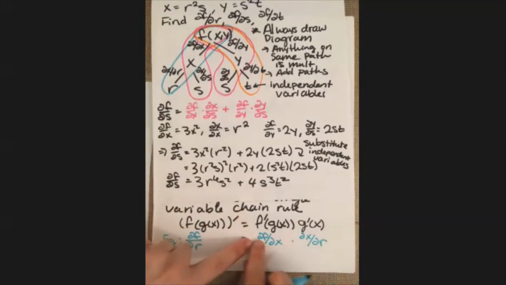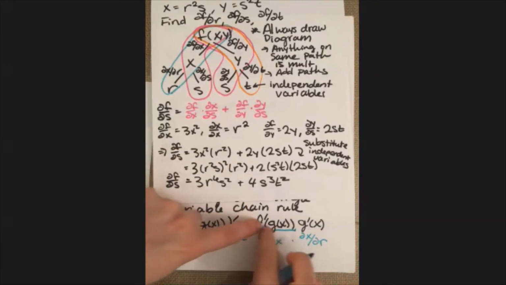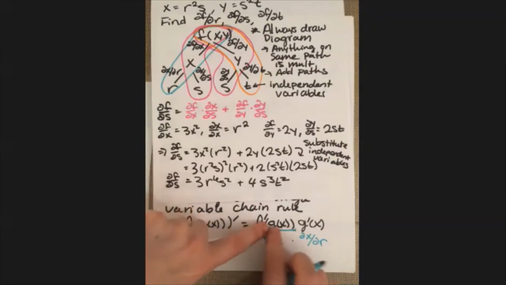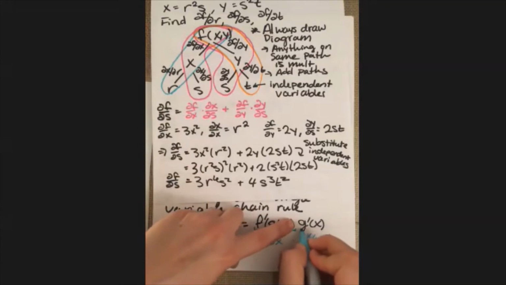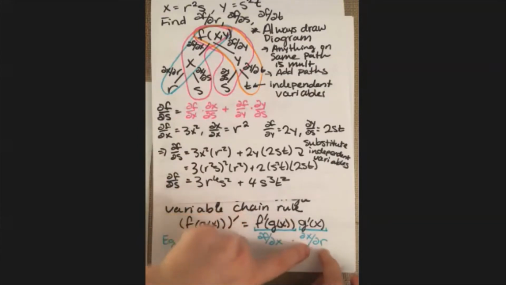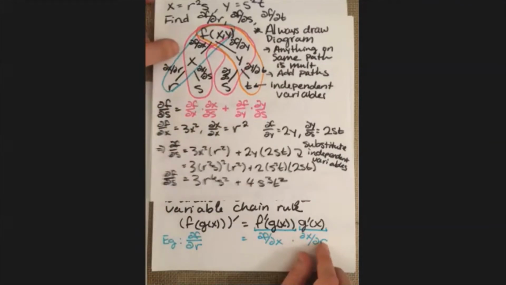And you can think about the partial of f with respect to x as being the derivative of your outside function, which would be like f, with your inside function plugged in, which is like x, and then the derivative of your inside function with respect to the very inside variable, which was r, right?